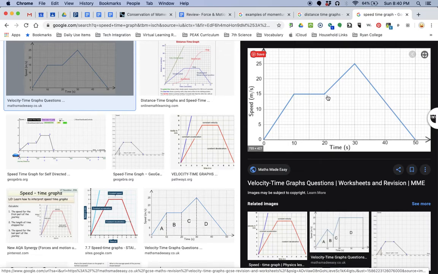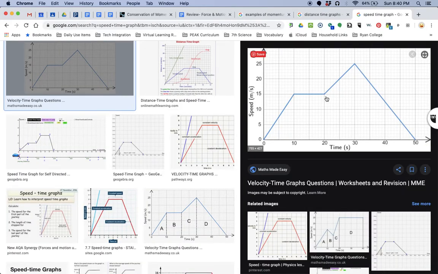However, let's say that I need to hurry up and get around somebody because I'm about to miss my exit, and so I have to accelerate. I have to speed up in order to get around all these people. From 20 seconds to 30 seconds, my speed goes up again. Because it is speed, my distance is also increasing, but that's another conversation. We'll have that one later. So just focus on now, as this line increases from 20 to 30 seconds, my speed is increasing.